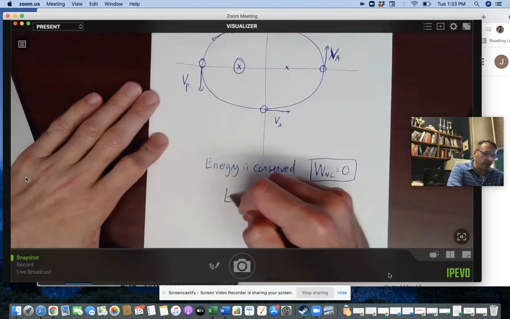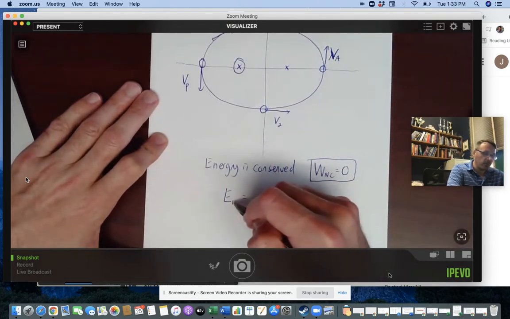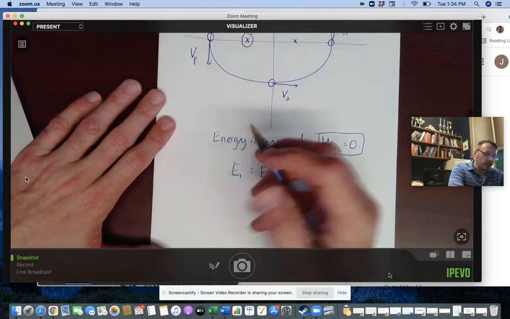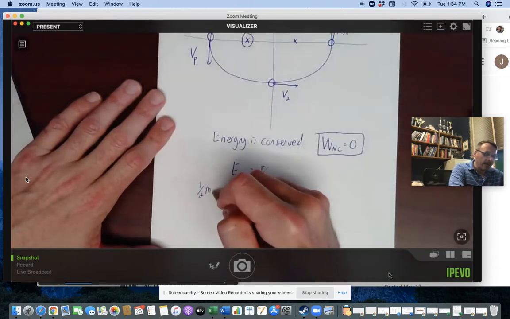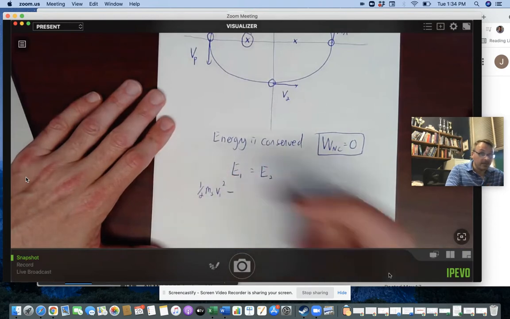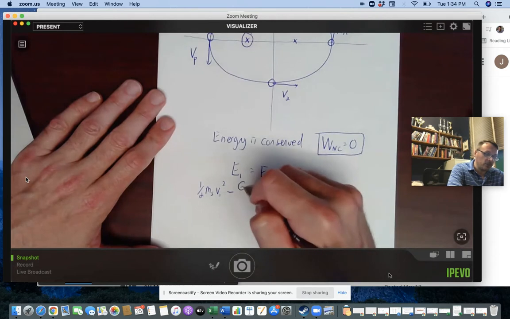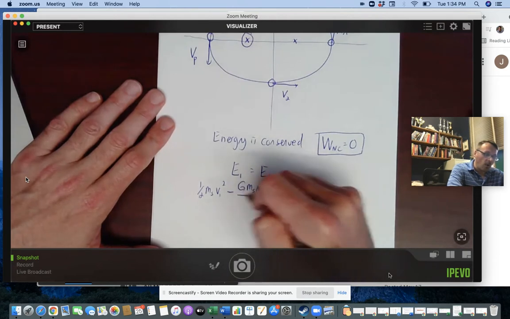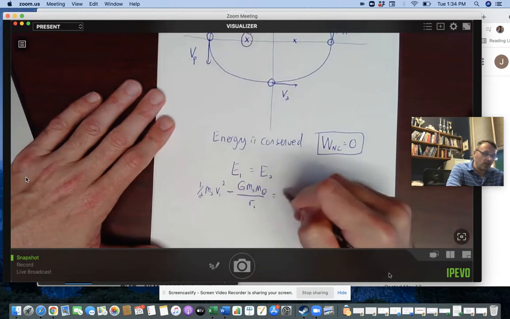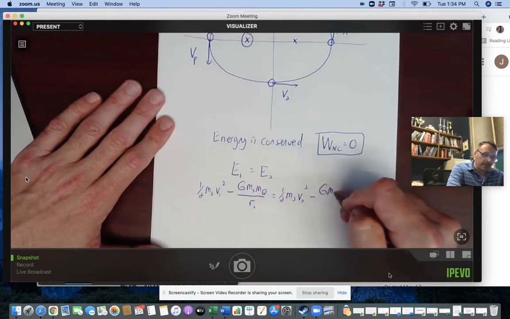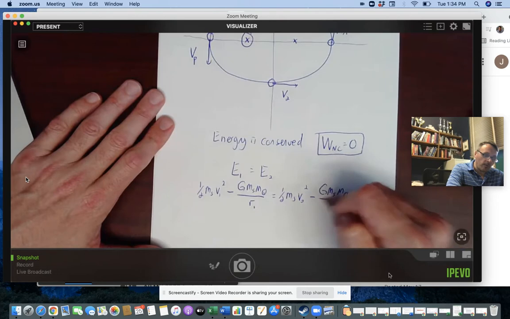That means the energy at one point is equal to the energy at another point, right? So that means that the kinetic energy at that point, 1/2 mass of the satellite v at point 1 squared, minus, because of the potential energy, big G m of the satellite, m of the thing at the center, all over r at position 1, has got to equal 1/2 m_s v2 squared minus big G m_s m over r2.